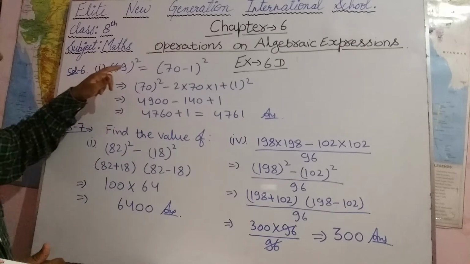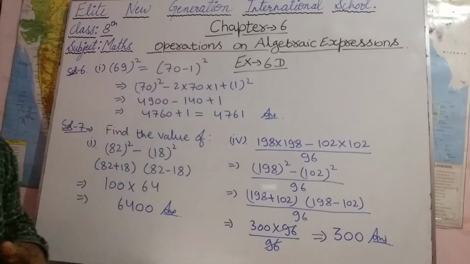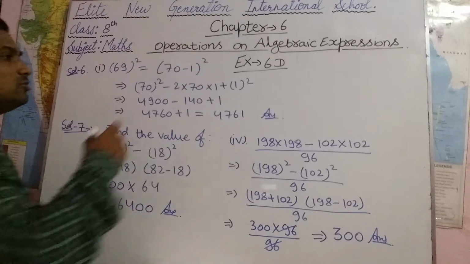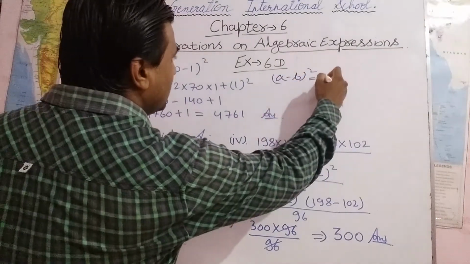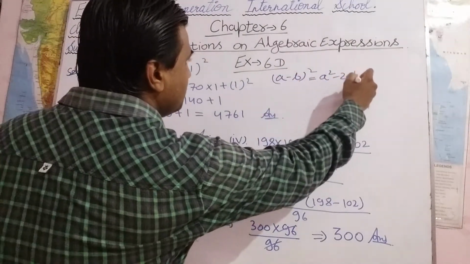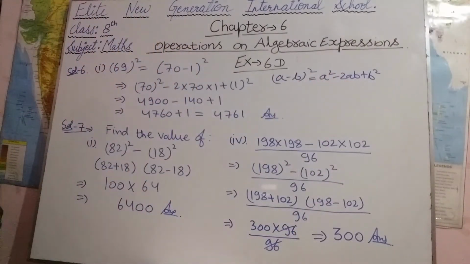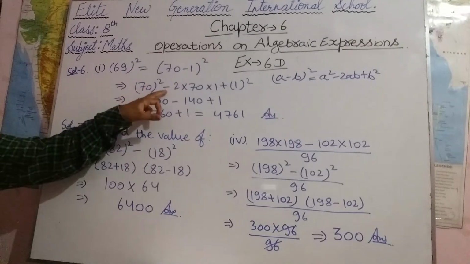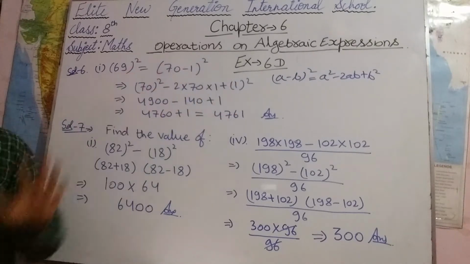So here 69 whole square we can write as 70 minus 1 whole square. Now open it by using the formula a minus b whole square equals a square minus 2ab plus b square. So it will become 70 whole square minus 2 into 70 into 1 plus 1 whole square.